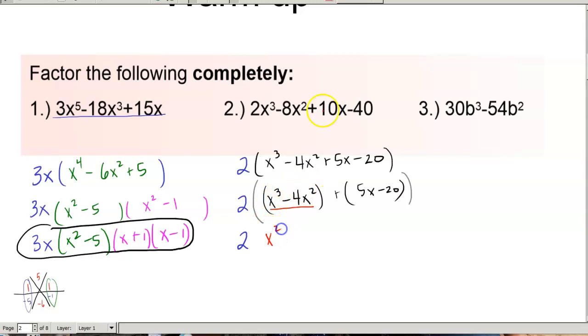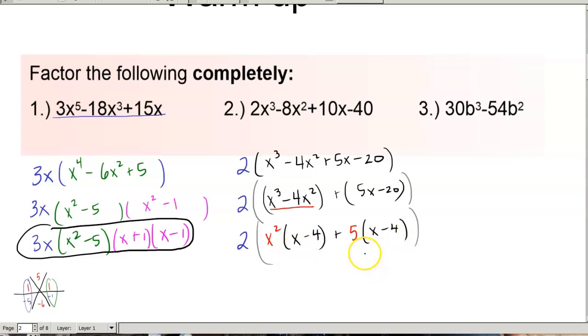So I'm going to take an x squared out of that first grouping to get x minus 4. And then I'm going to look at this second grouping, and you can take out a 5 from that. You can pull out a 5, and then that would become x minus 4 as well. And so that's exactly what we need to happen for factoring by grouping to work, is that when we do that process, you can see these x minus 4s, these common elements, do show up.